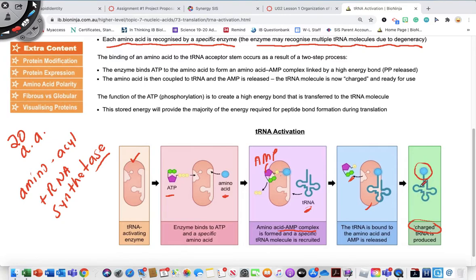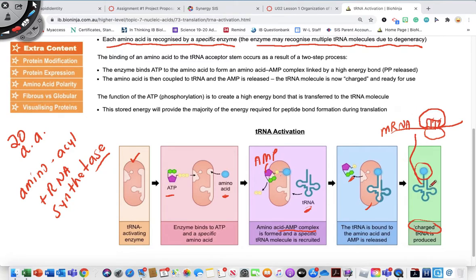And now what happens to this tRNA? It goes and it finds the ribosome. And remember that there's two subunits of the ribosome. It finds the ribosome. The mRNA is translocated on the ribosome. It finds the EPA region on the ribosome, and then it attaches to the A region first, moves to the P region, forms the peptide bond between that amino acid and another amino acid that might be growing, and then exits.